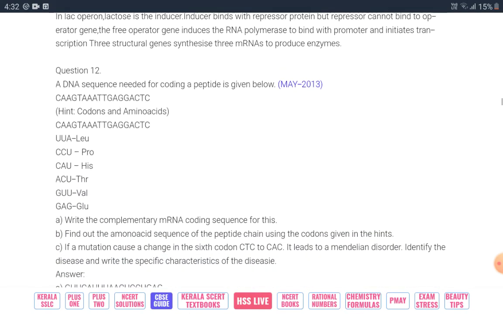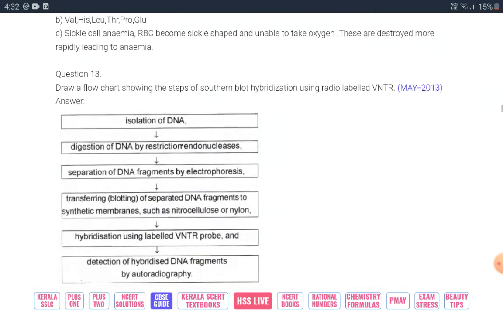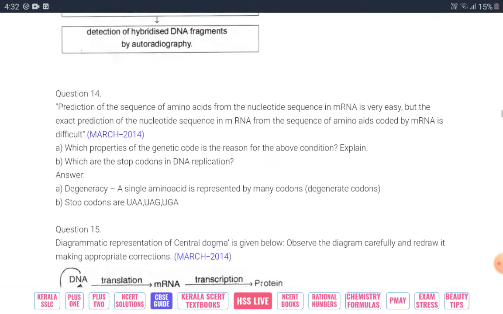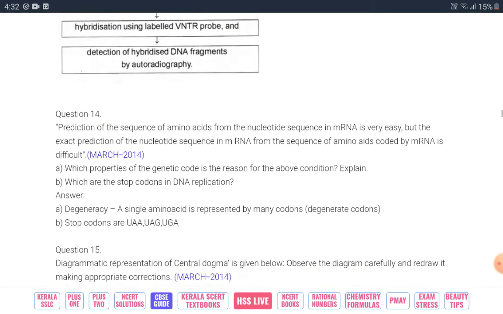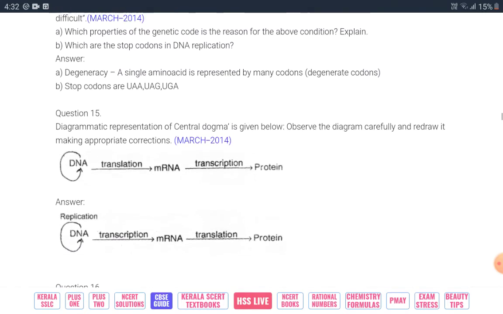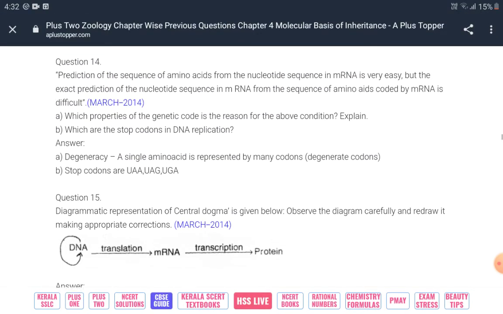Okay, we'll skip that question. So stop codon is very important. This is the diagrammatic representation of the central dogma.